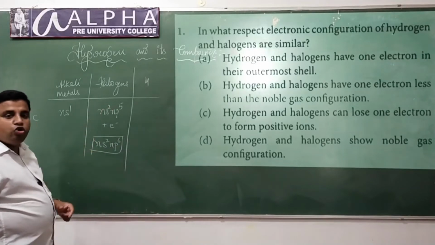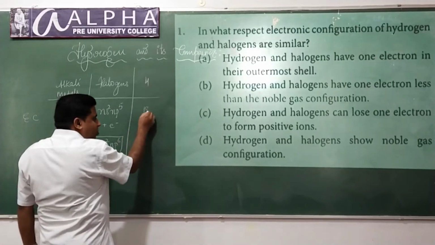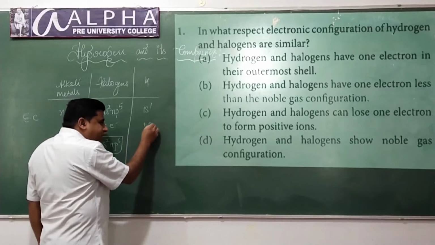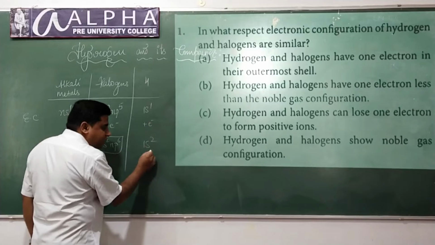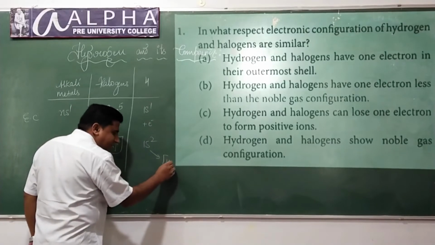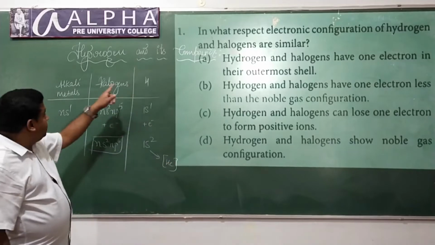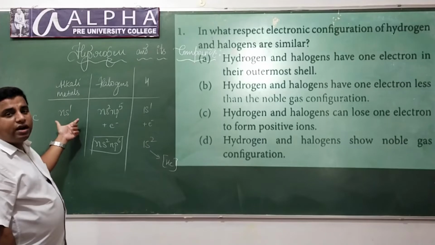How about hydrogen? The electronic configuration of hydrogen is also 1s1. It also requires one electron to attain the nearest noble gas configuration. Which is the nearest noble gas configuration? Helium. So hydrogen resembles alkali metals in its general outer electronic configuration.